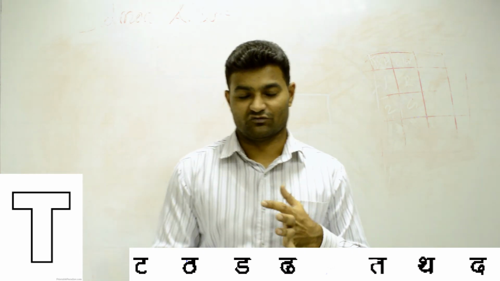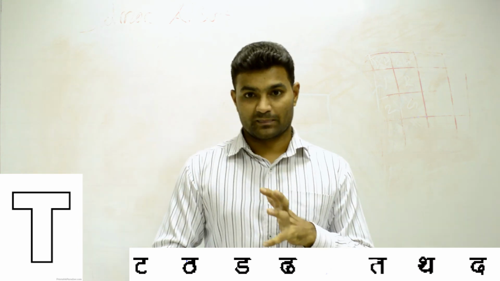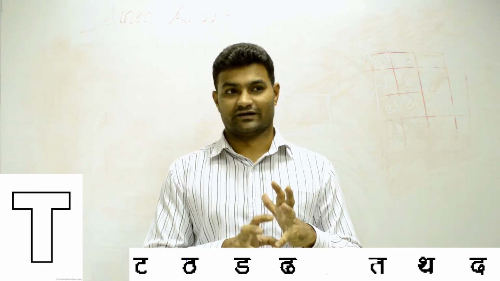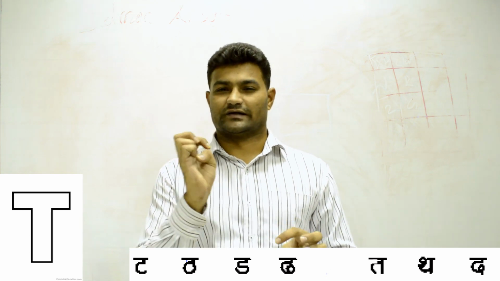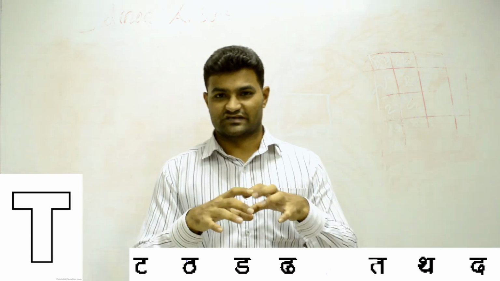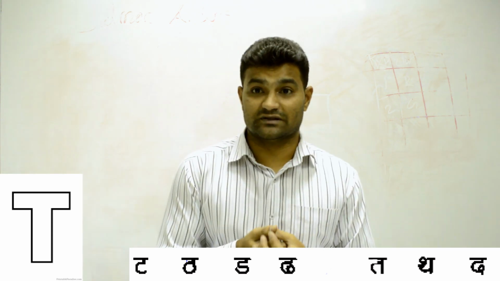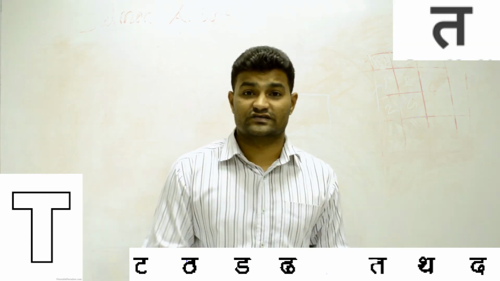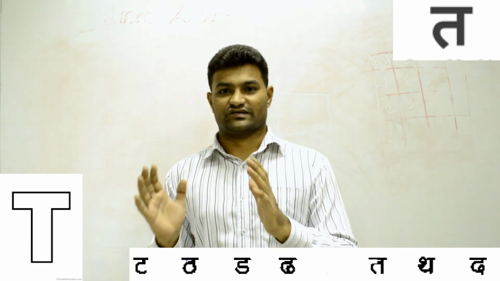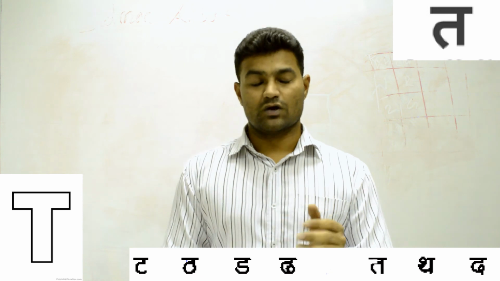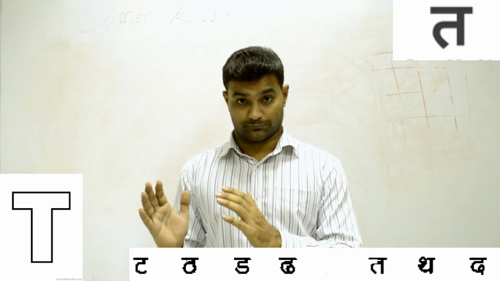Even "the" starts with the "th." Because of these sounds, we are able to speak specific words in the proper way. We can differentiate between the words, what is "the" and what is "the."